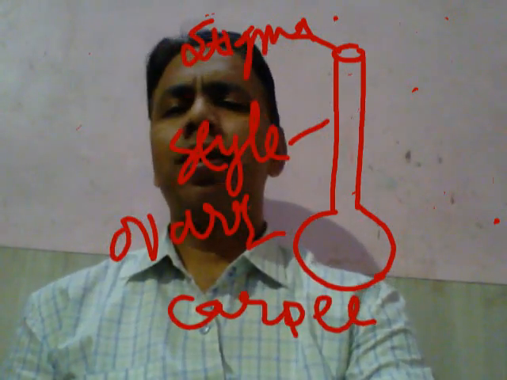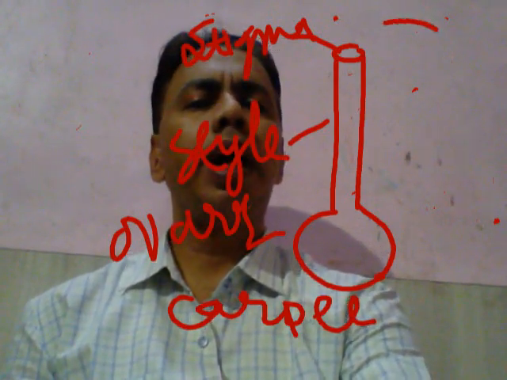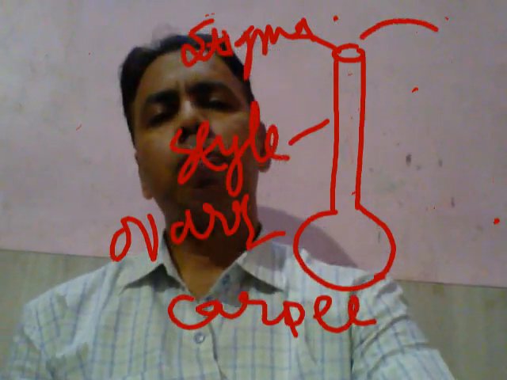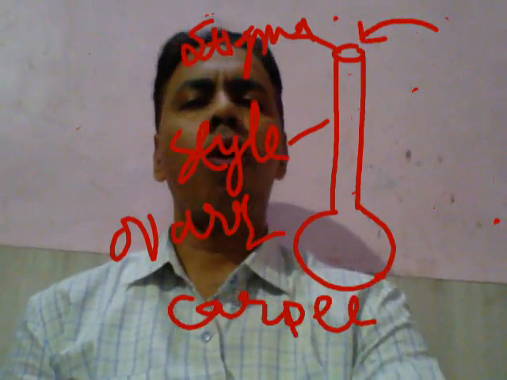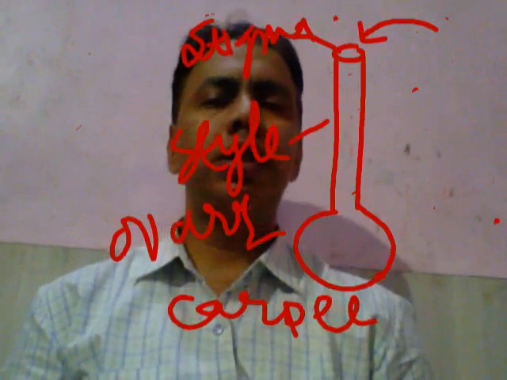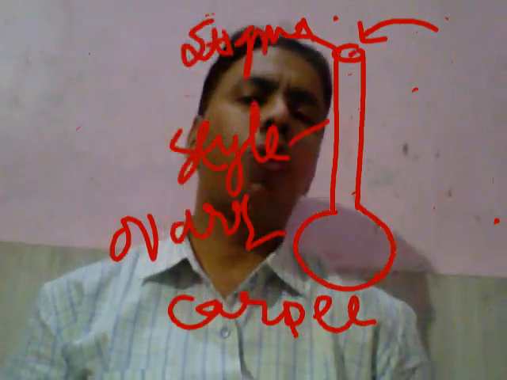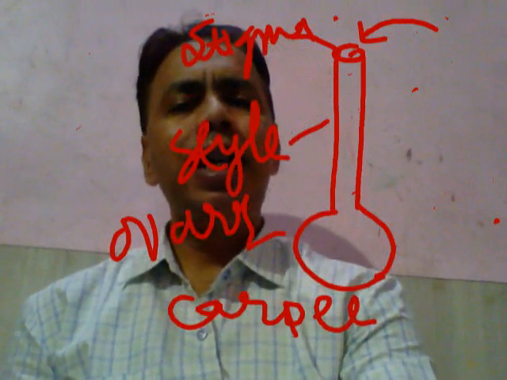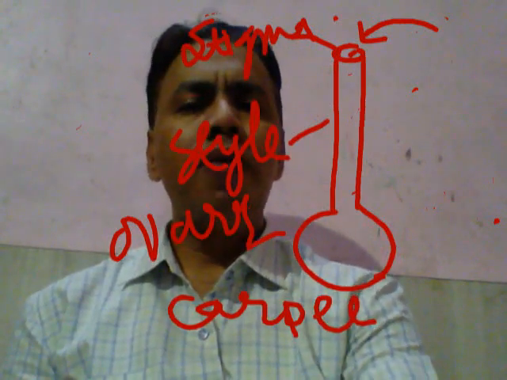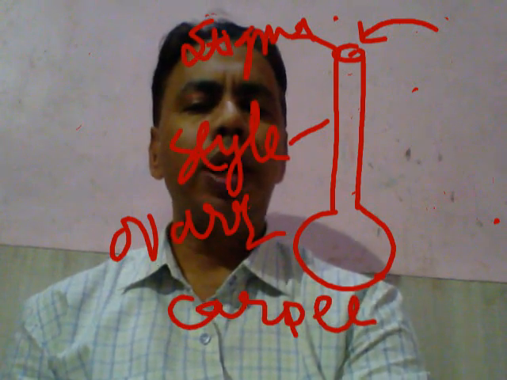What are they doing? Stigma will receive the pollen grain. The pollen grains are going to fall on the stigma. Stigma will secrete a sticky substance so that it can adhere to the pollen grains dropped on it. And this is the style, the tube along which the pollen grain, the male gamete, is going to pass into the ovary.